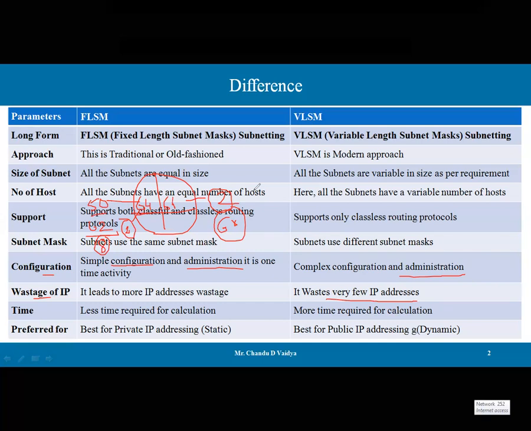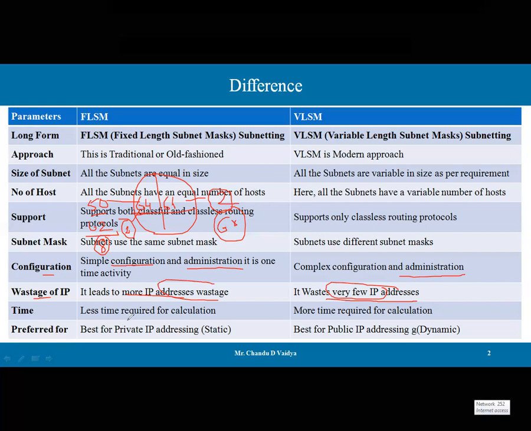We have a separate video with that solved example, you can watch it to justify this sentence: in FLSM the maximum IP addresses are going to be wasted, but here very few IP addresses are going to be wasted, because it depends. If I divide this network into the exact subnet size needed, there will be no chance of wasting IP addresses, because a variable length subnet mask has been created.